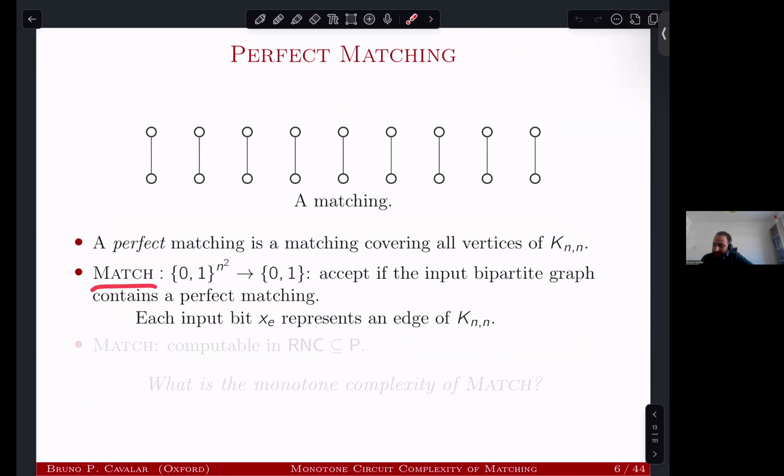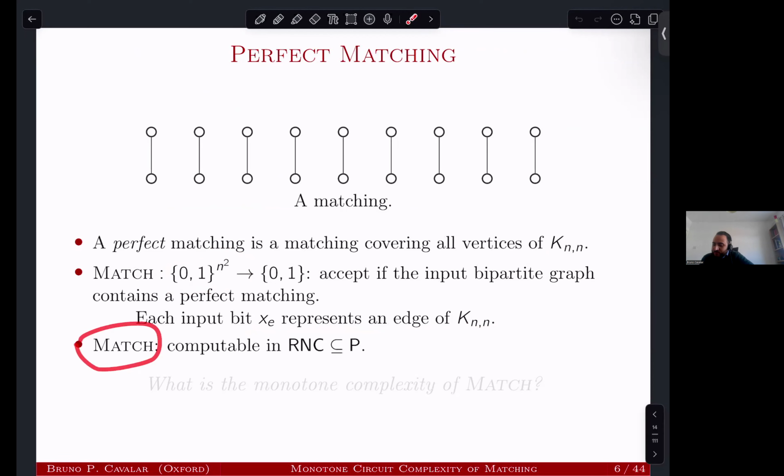The way we represent this as a Boolean function is that we receive as input the entire adjacency matrix of the graph, so every bit denotes whether a particular potential edge appears in the graph or not.